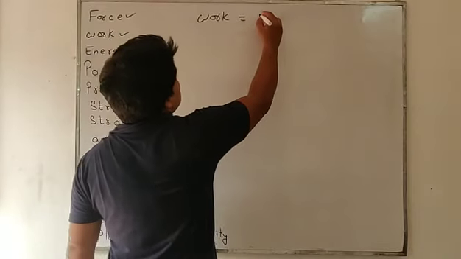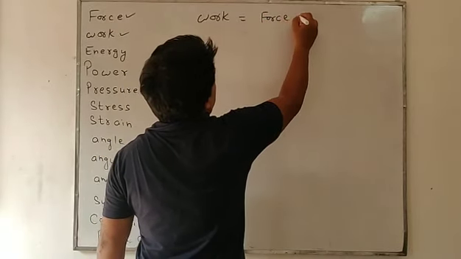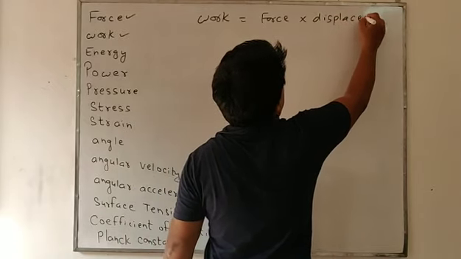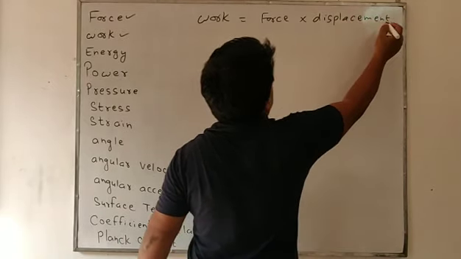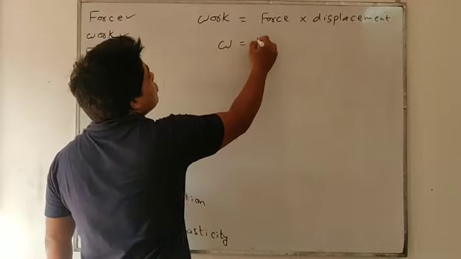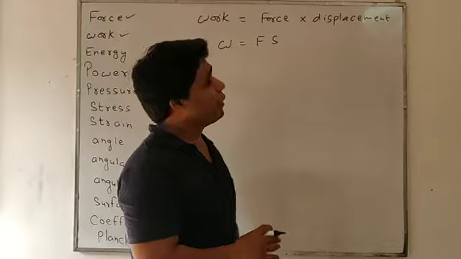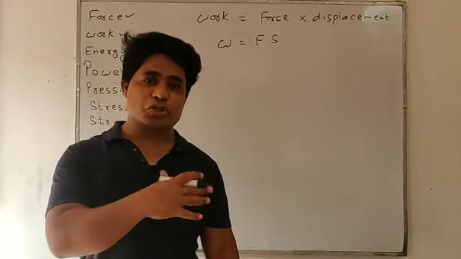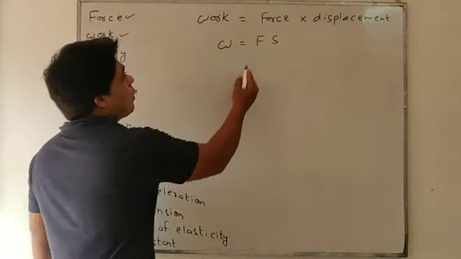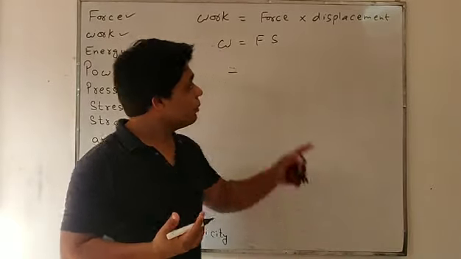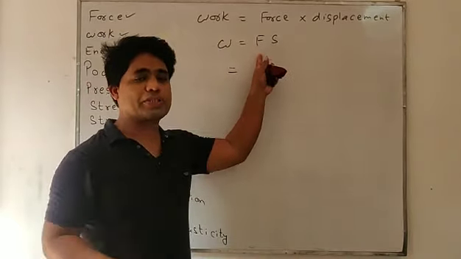Work done is force into displacement. W equals F dot S, that is the vector form. Later on we'll discuss it in the 6th chapter in 11th class. Work done is force into displacement. Force we can open as m into a, mass into acceleration.